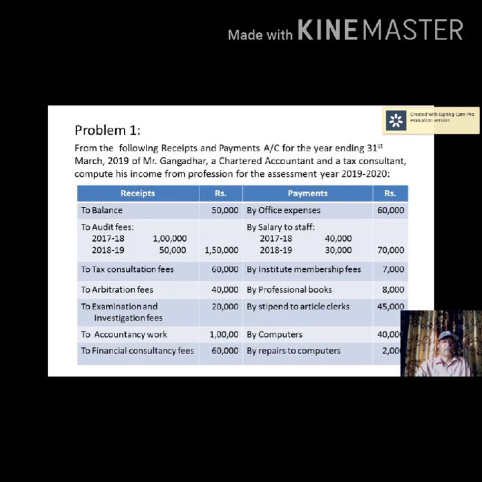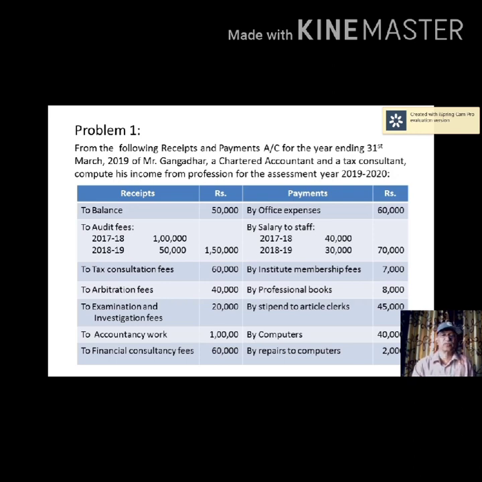But here, these professionals maintain their accounts on receipt basis as well as payment basis, not on accrual basis. Therefore, whatever may be the receipts, relating to this year, last year, next year, irrespective of that, the entire amount you have to take. I mean to say, here you have to take audit fees of not only 2017-18 but also of 2018-19. So total 1,50,000 should be taken under audit fees for computation of professional receipts.